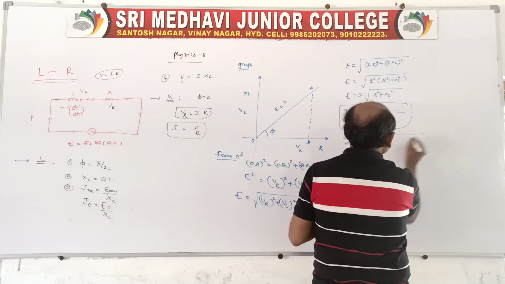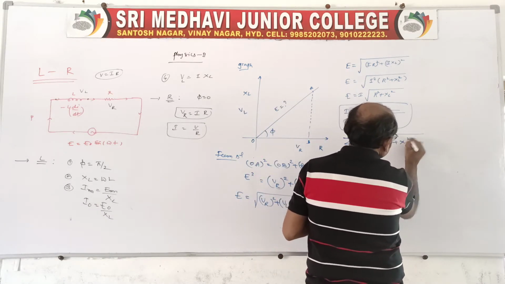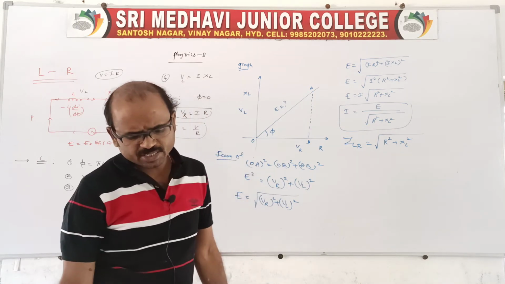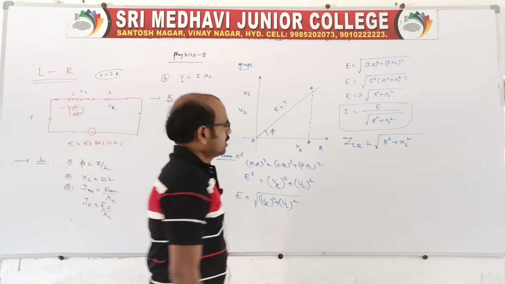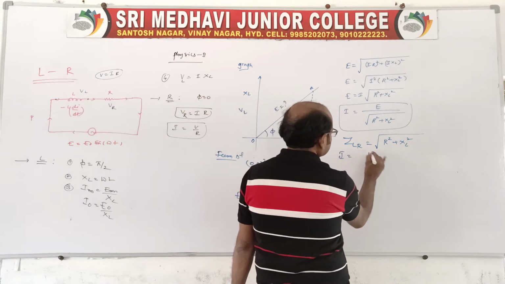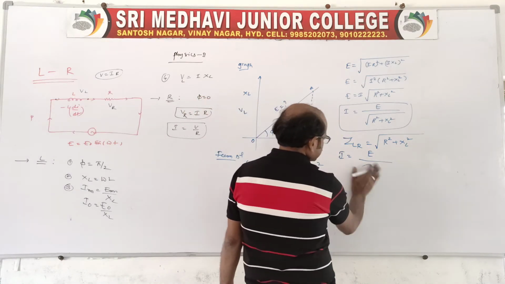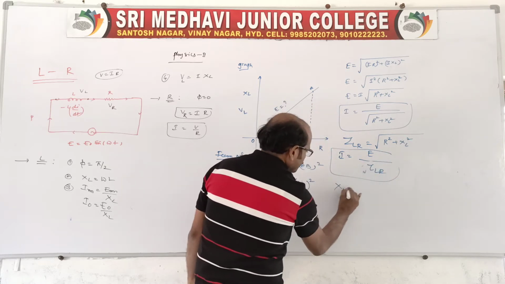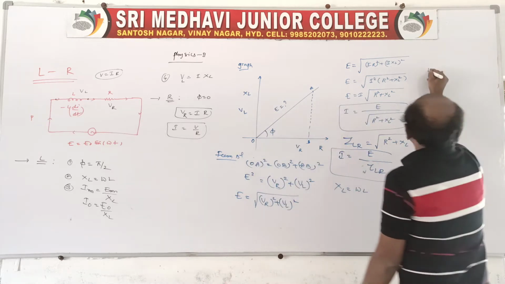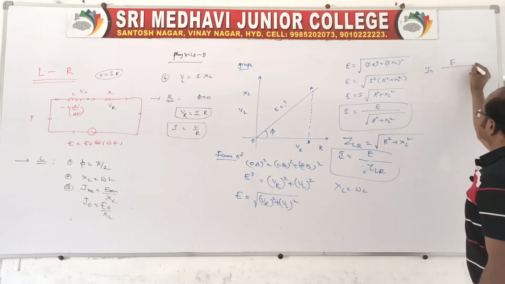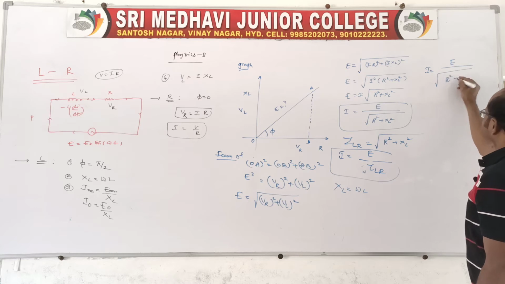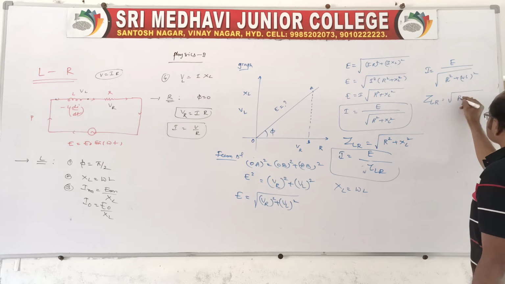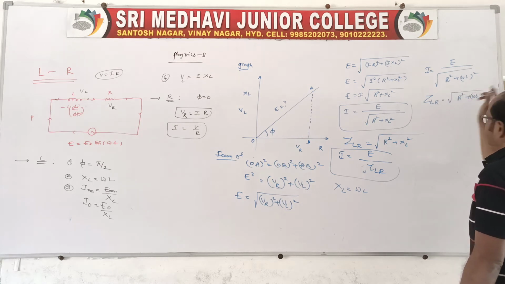Therefore, you write it as root over R square plus XL square, of course, because it is opposing. From this, we can directly substitute I is equal to E by ZLR. Here XL is nothing but omega L, so we write I is equal to capital E by root over R square plus omega L whole square, or else ZLR is equal to root over R square plus omega L whole square.